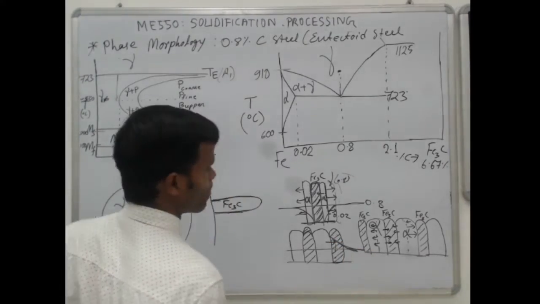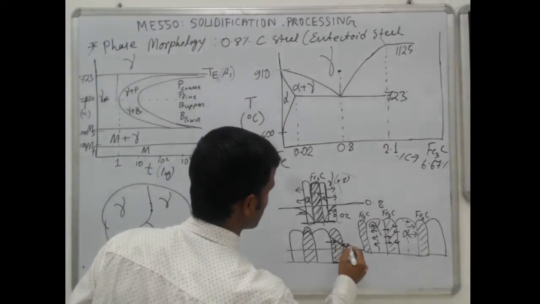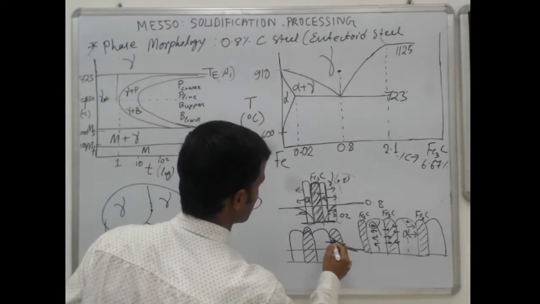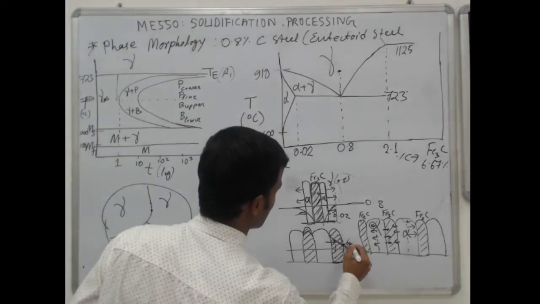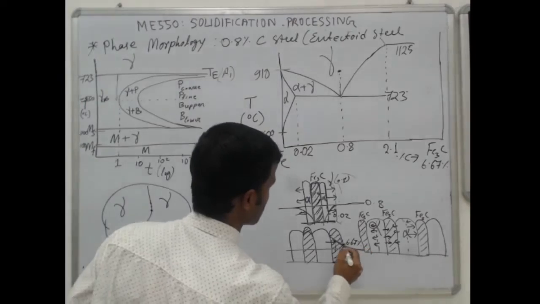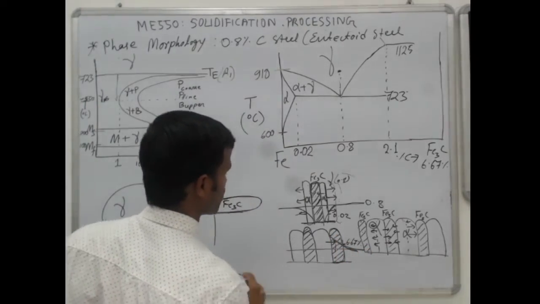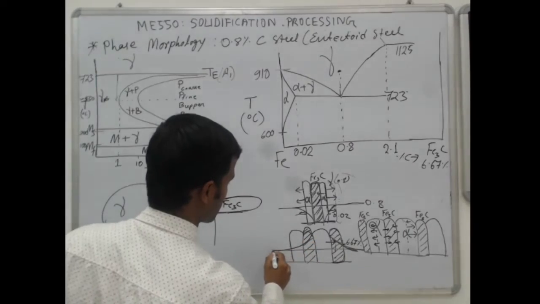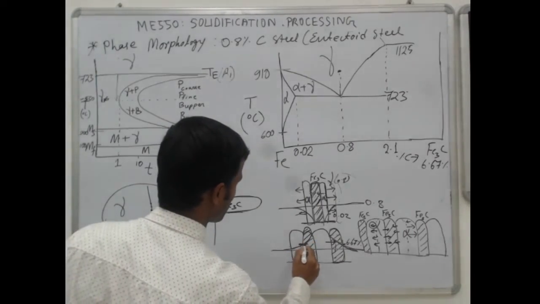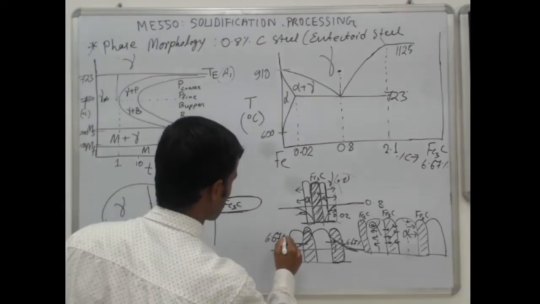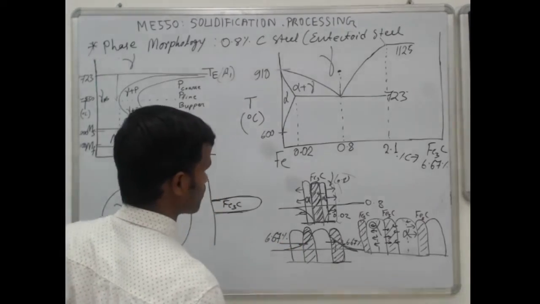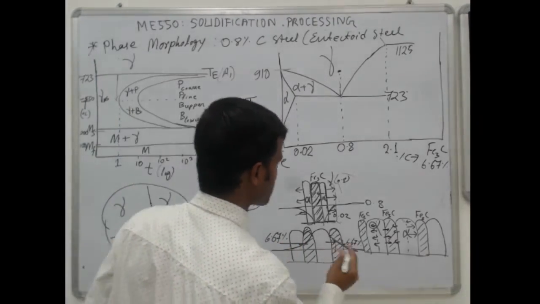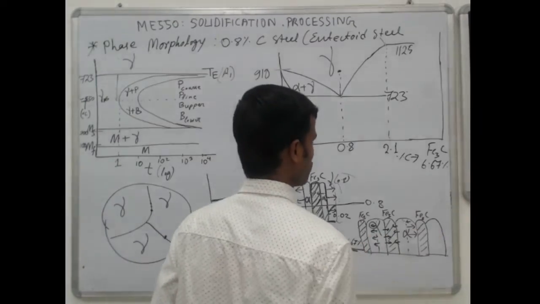In the region where it is greater than 6.67%, it will become cementite again. Similarly, the same thing happens here also. If it is more than 6.67%, it becomes cementite. This is how they grow sidewise.